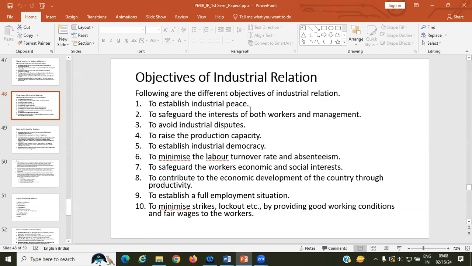It could be the employee, employer, government, different agency, whoever is working in the industry. The relations between them is called industrial relations.